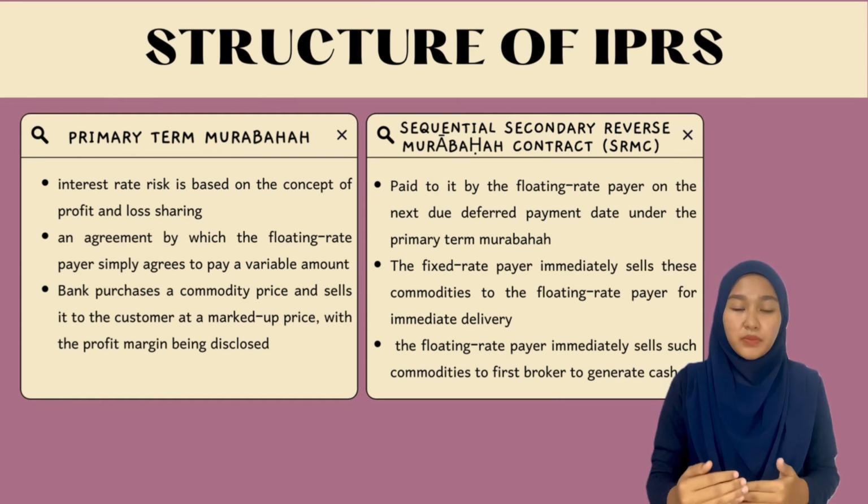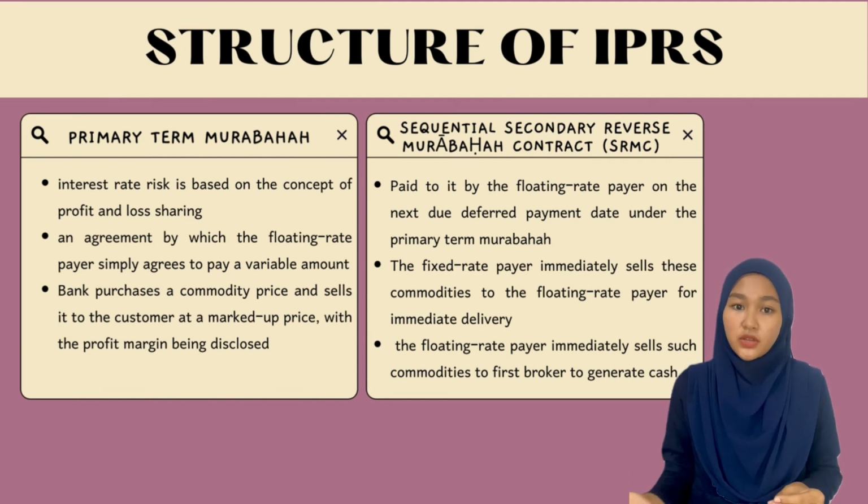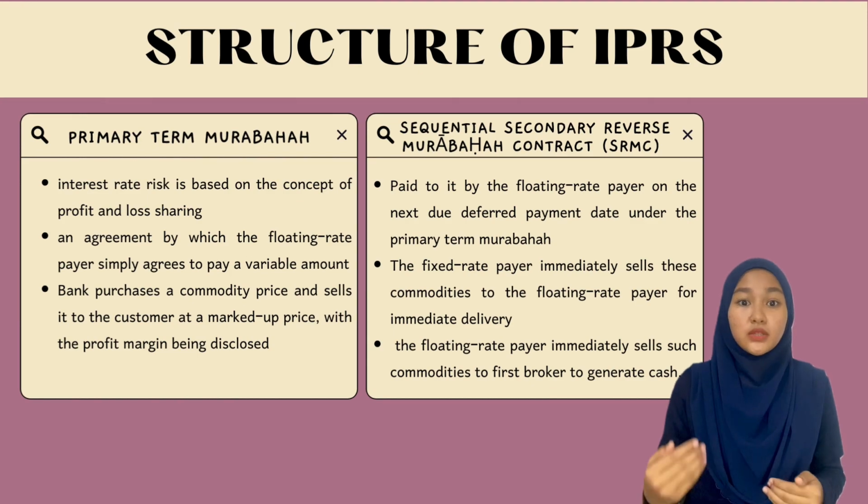And the fixed rate payer immediately sells this commodity to the floating rate payer for immediate delivery, and the floating rate payer immediately sells such commodities to the first broker to generate cash.